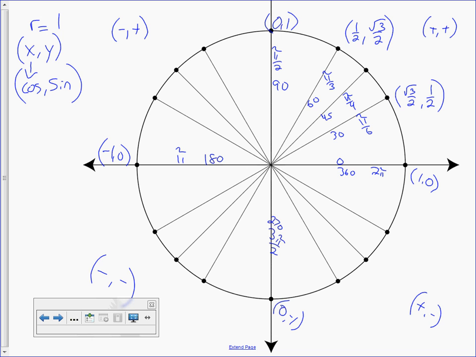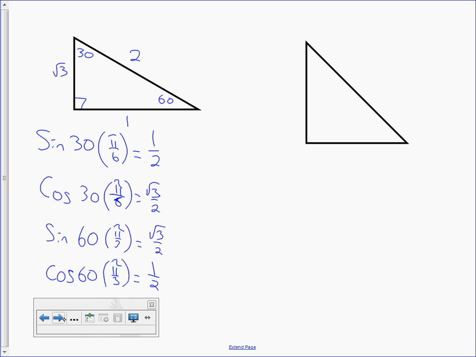So as we look at that, 1, 1, and root 2, that means that the sine of 45, otherwise known as pi over 4, was 1 over root 2. You agree? But we don't like that. We like it as root 2 over 2. And cosine, it's the same thing.